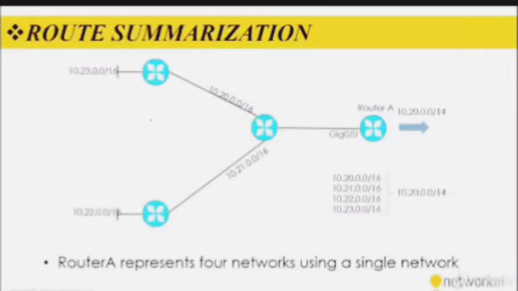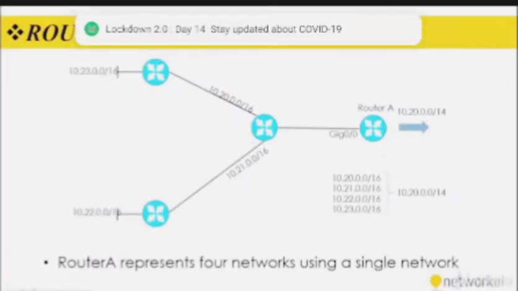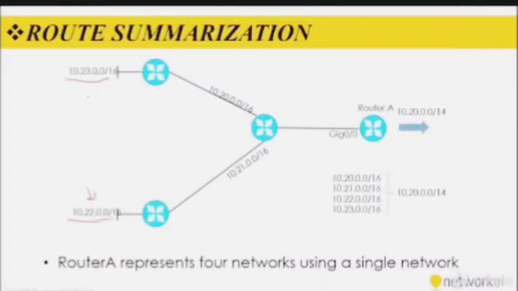And the last thing we're going to talk about is route summarization. Summarization reduces the routing load and improves the stability and scalability of shared routing information between routers. In the figure, as you can see, we have 4 routers, and we have some routes here: 22 here, 23 here, 20 and 21 here.